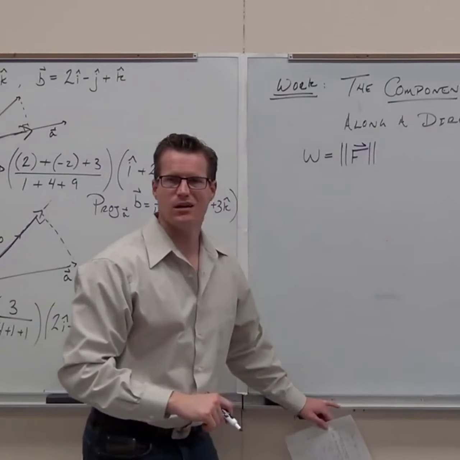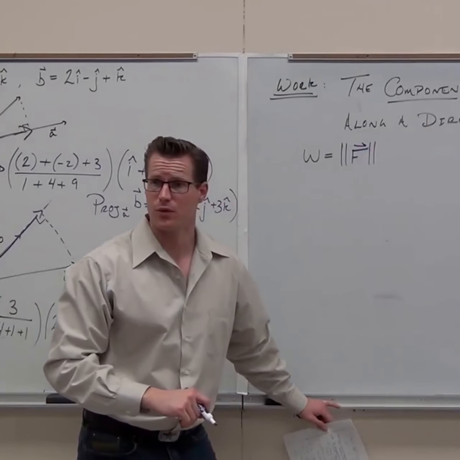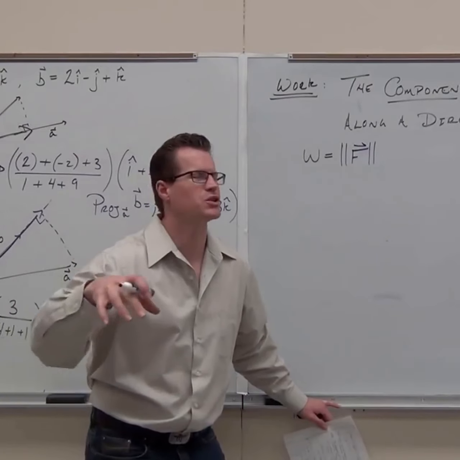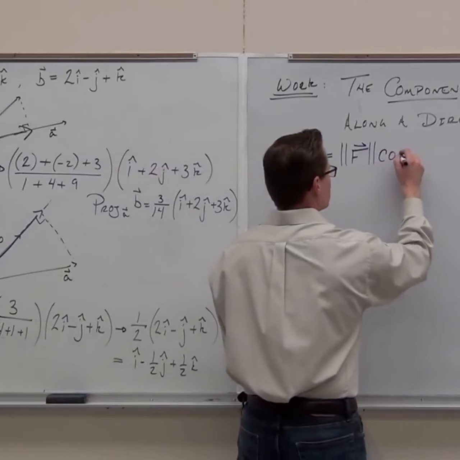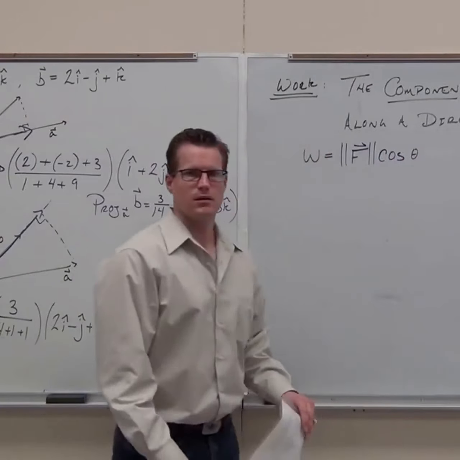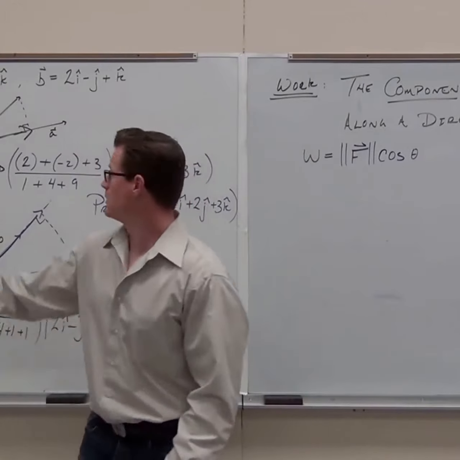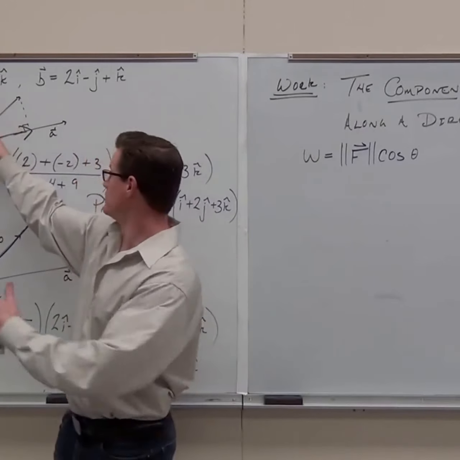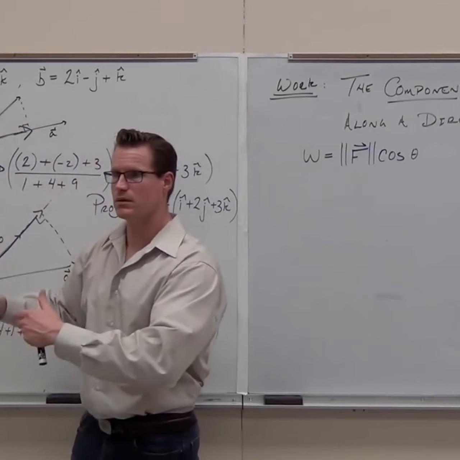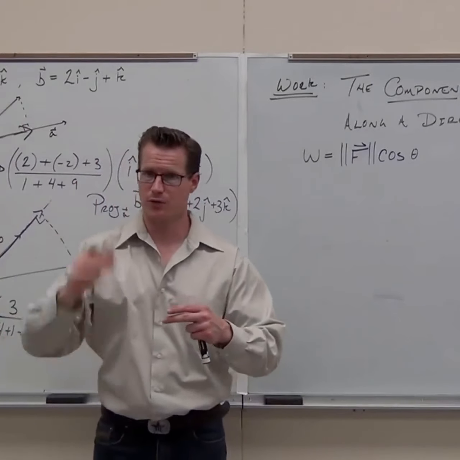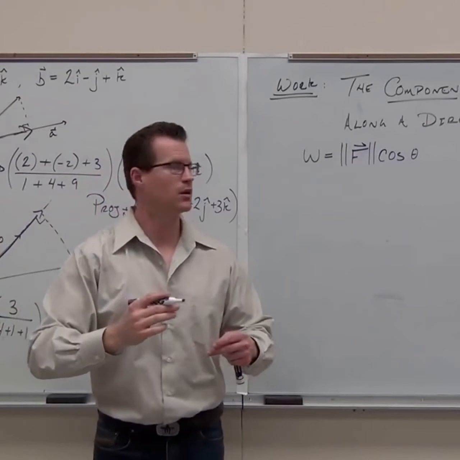That's the magnitude of the force. Come on, let's put it together. That's the angle between the force vector and the path vector. Force vector, me, dog, hill. Okay? That's the angle between the force vector and the path vector.